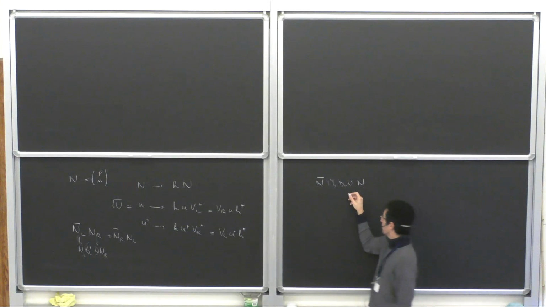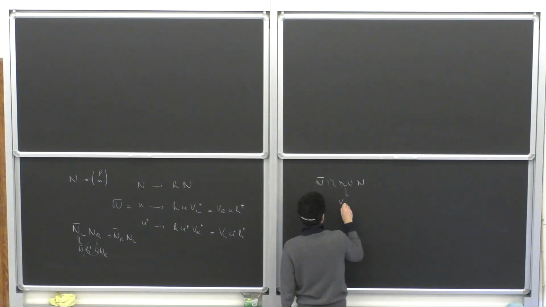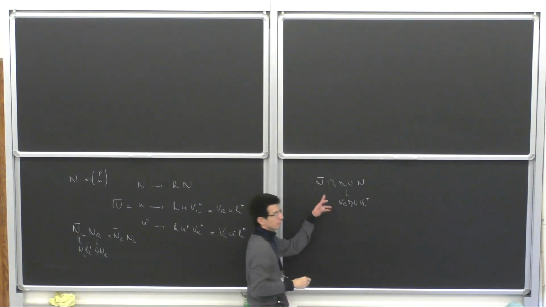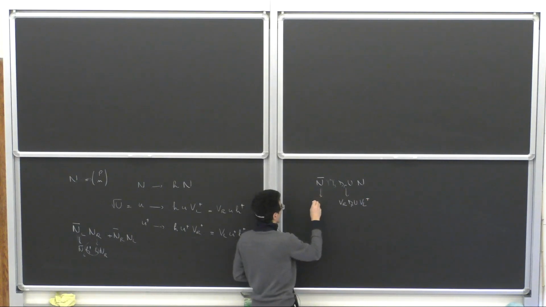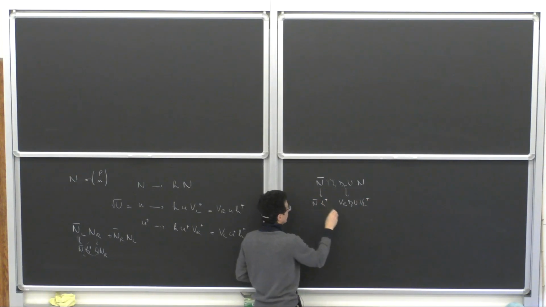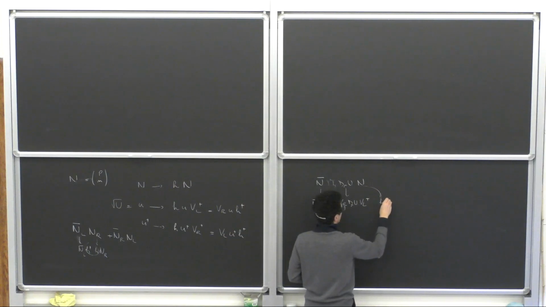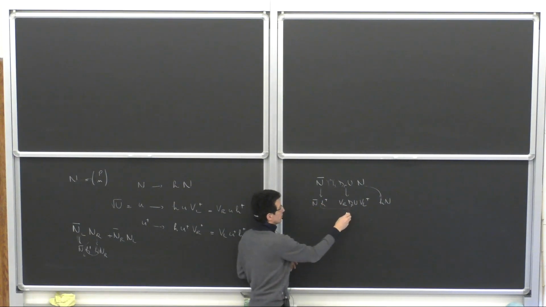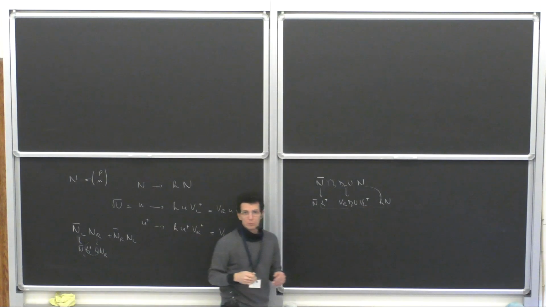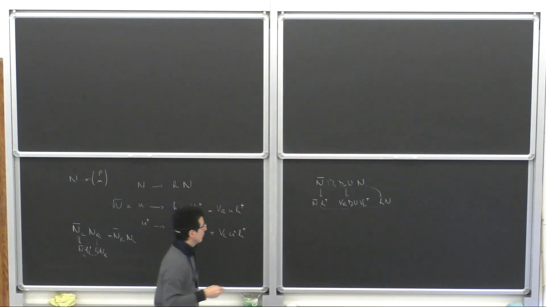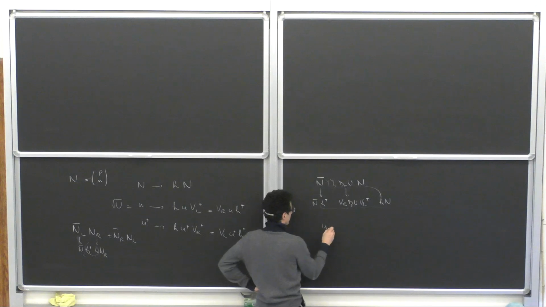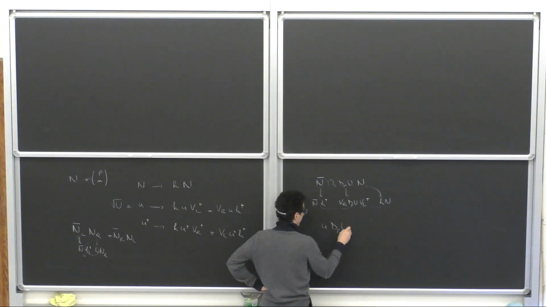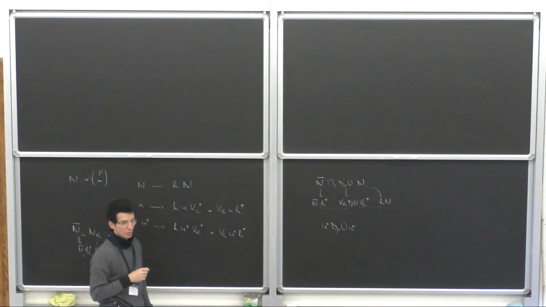Because this transforms like V R d mu V L dagger, this transforms like N dagger H cross, and this transforms like H N. So there is no compensation in these two terms. It's not invariant. But we can produce an invariant operator, a covariant combination like that: U cross d mu U cross.